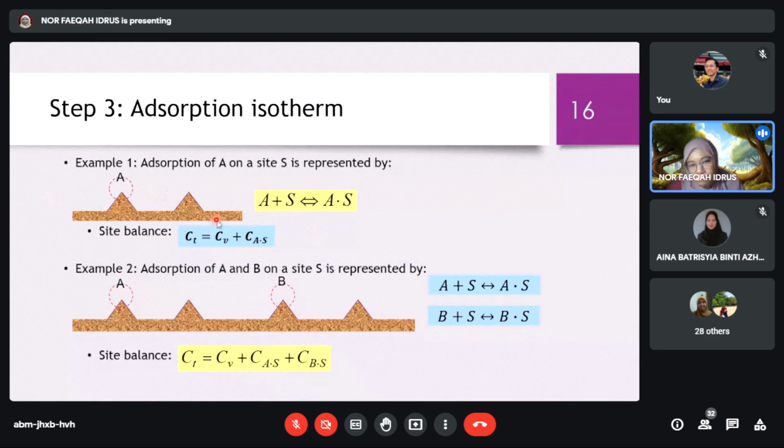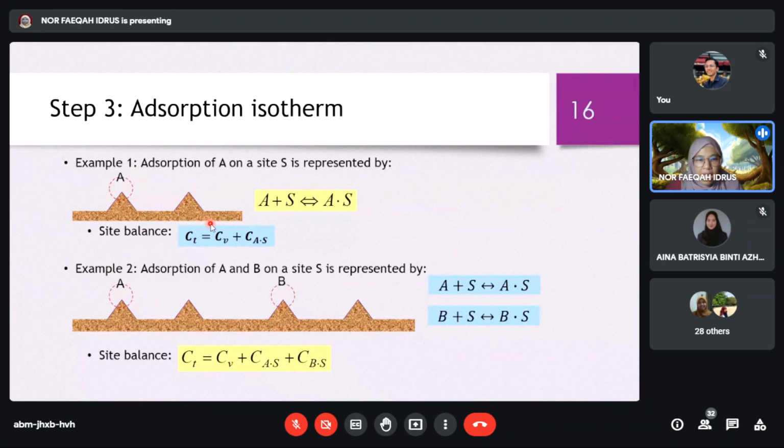The mechanism of adsorption is A plus S reversible reaction A dot S. The adsorption step must occur via reversible reaction. So the adsorption step must be reversible.